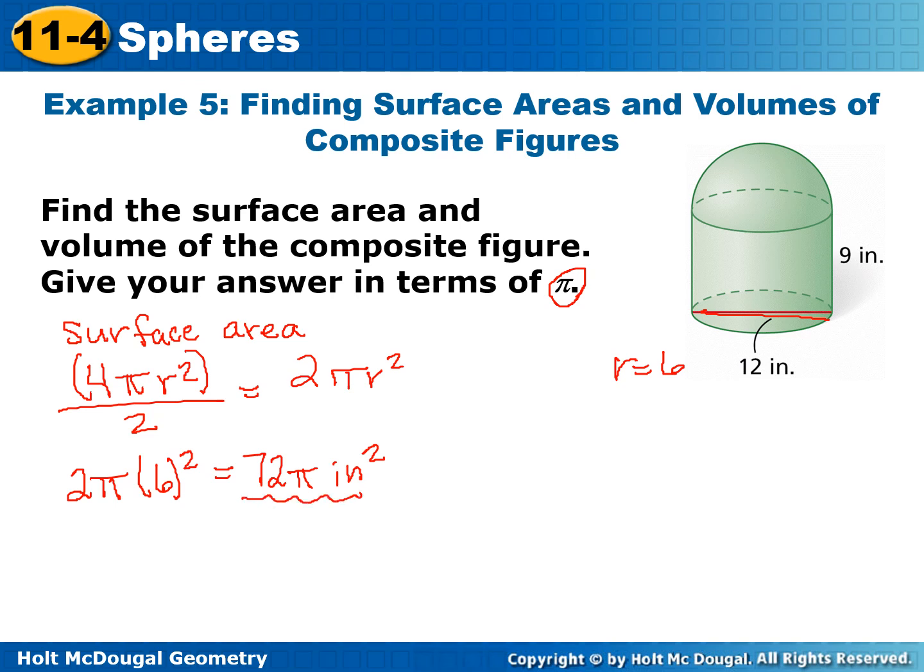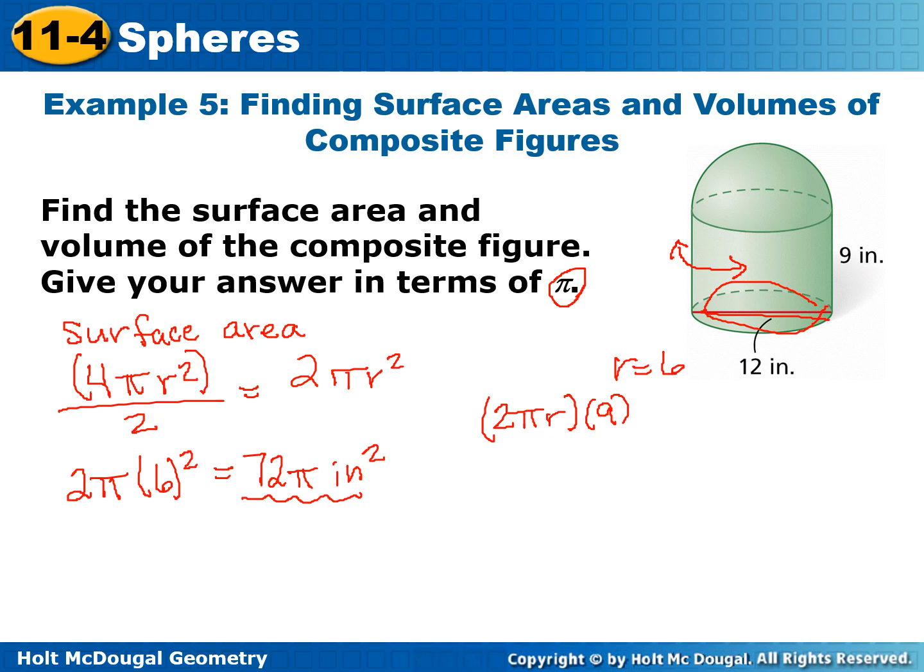And then the surface area of the cylinder is going to be this part all the way around. That's going to be the circumference times the height. And then we're also going to have to find the area of the base, the circle. So let's first find the circumference, which is 2 pi r, and multiply that by the height, which is 9.